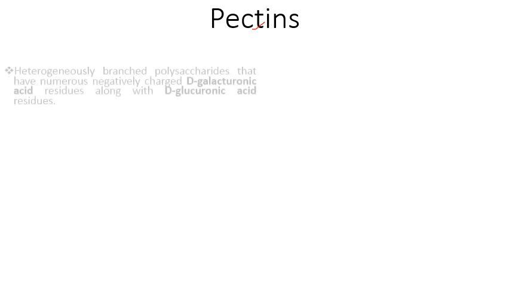The next important component of cell wall is pectins. It is made up of polygalacturonic acid, and it is the main component of the middle lamella.